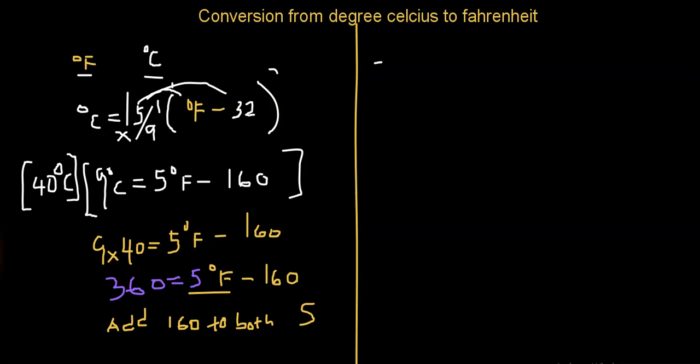So on the left hand side, we have 360 plus 160 is equal to 5 degrees Fahrenheit minus 160. Remember, we are adding 160 to both sides. Minus 160 plus 160 again. Good.